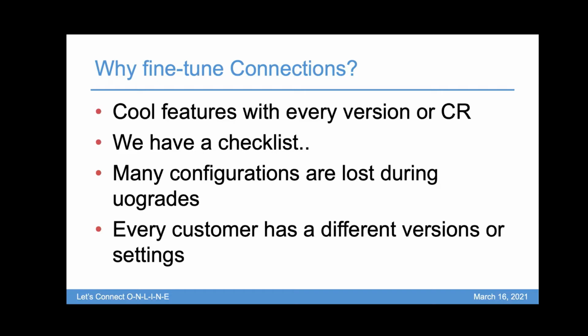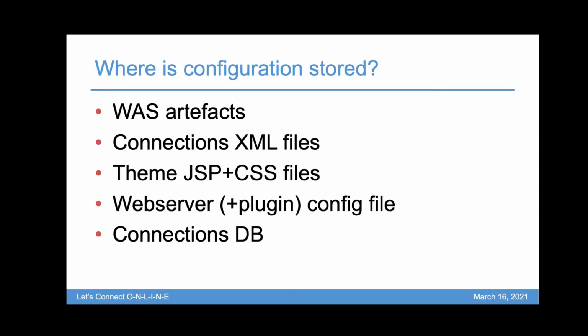So we need to keep track of what has been enabled for whom, and repeat the customization or configuration with every version. The checklist is unfortunately in my local language, so it makes no sense to share it here, but I will cover most of the points during this deck.